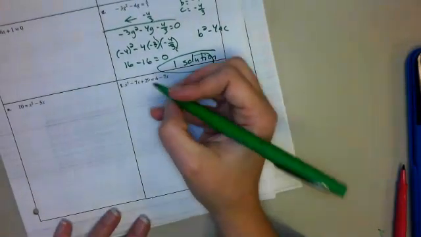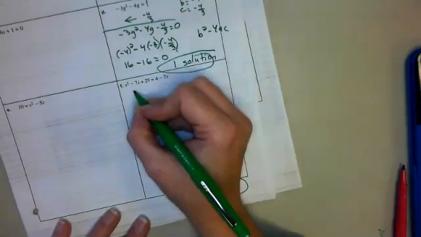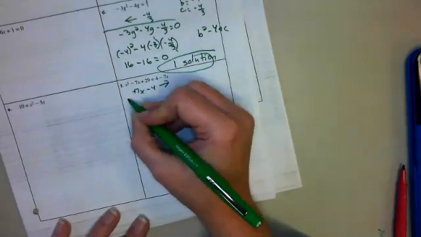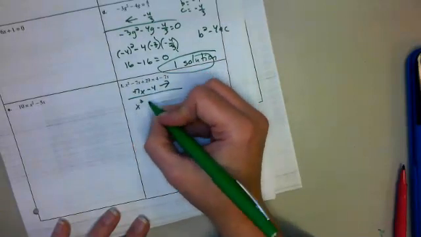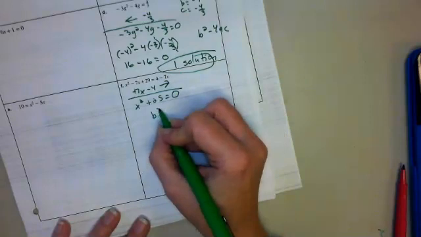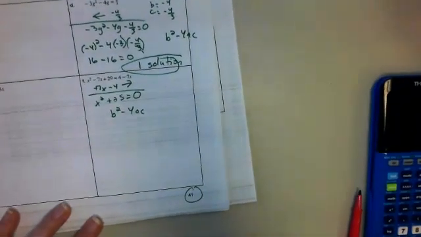And if we do just one more, again, this is just calculating the number of solutions. I'm going to go ahead and I'm going to, let's see, I'm going to add 7x. And I'm going to subtract 4 from both sides. I'm going to get x squared. Those cancel. Plus 25 equals 0. Okay. B squared minus 4AC. Let's move that around so you guys can actually see better. There we go.